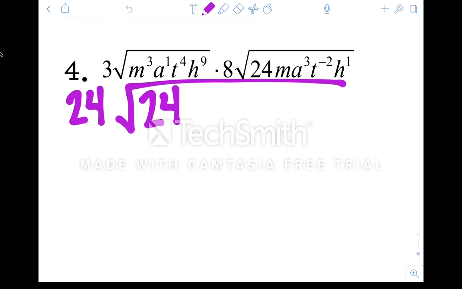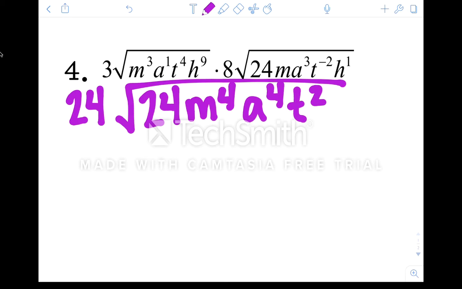So 3 plus 1 is 4. A times a to the 3rd, once again, 1 plus 3, which is 4. T to the 4th times t to the negative 2, so 4 plus negative 2, which is a positive 2. And then h to the 9th times h to the 1st, 9 plus 1 is 10.